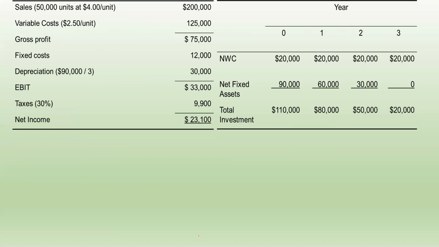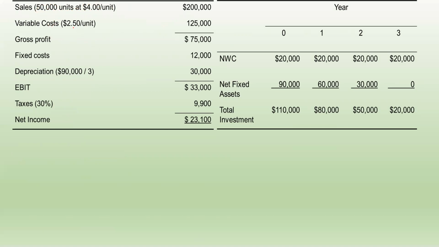So this is a summary of all the information. The revenue will increase with 50,000 units, and each unit price is $4, which means the revenue will be $4 per unit times 50,000 units. That is 200,000.